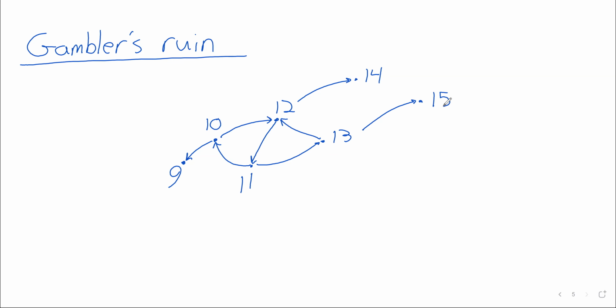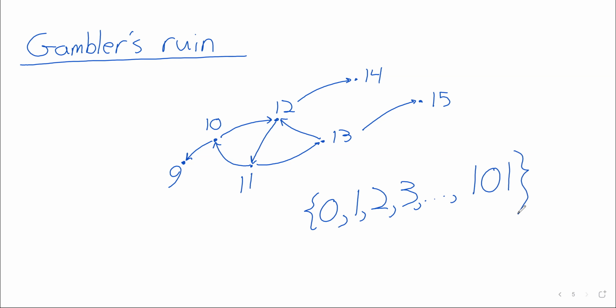So this is an example of a Markov chain. There are finitely many states. If you're gambling until 100, the last state is actually 101, because you could have $99, win $2, and that will bring you to 101 rather than to 100.